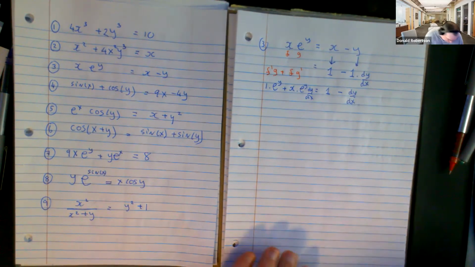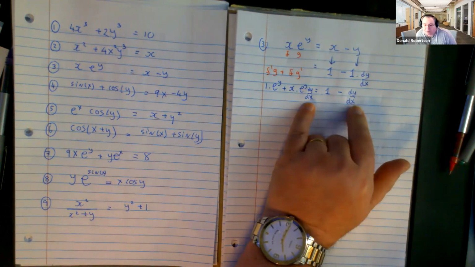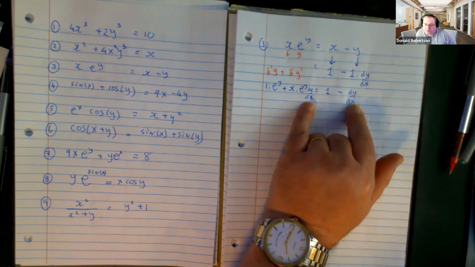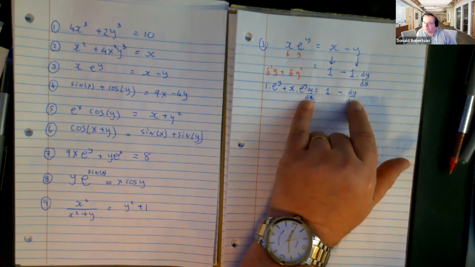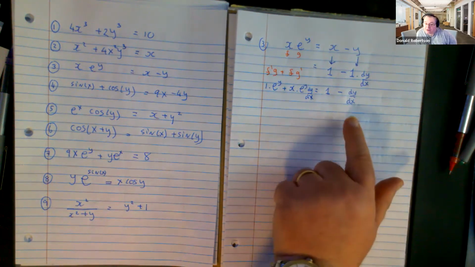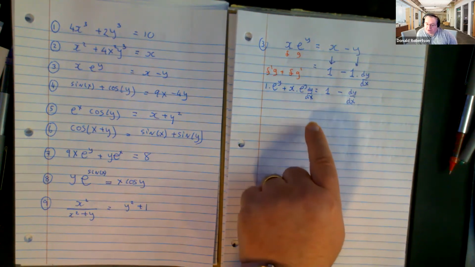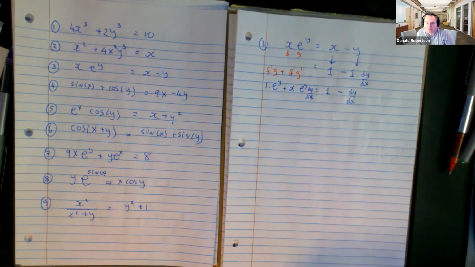Now, what makes this a little bit different from the other ones isn't this the first time that we've got two different places with dy by dx in it? You see there's a piece here and there's a piece here. And we're still going to use that as long as you do it to both sides rule to eventually get a single dy by dx equals some horrible fraction over on the other side.